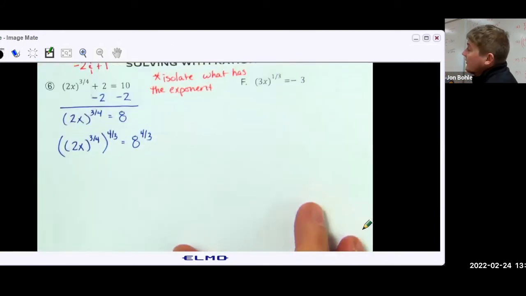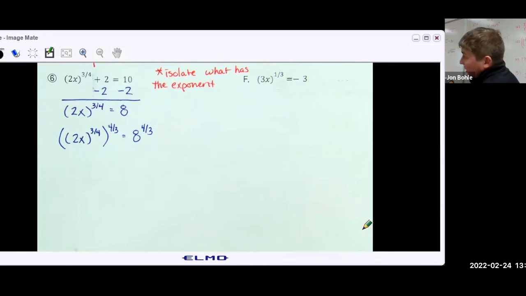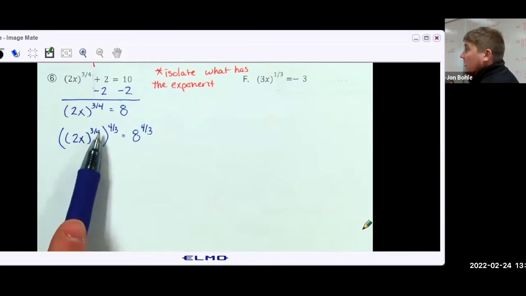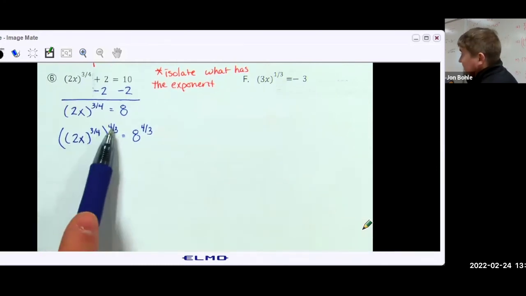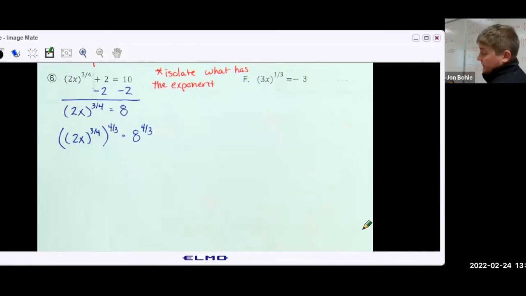The thing that's nice is if you understand the 3/4 power, understanding that this reciprocal is necessary hopefully is clicking.